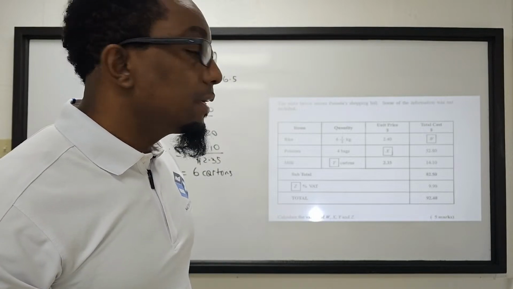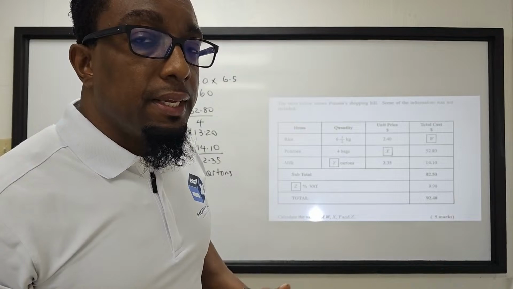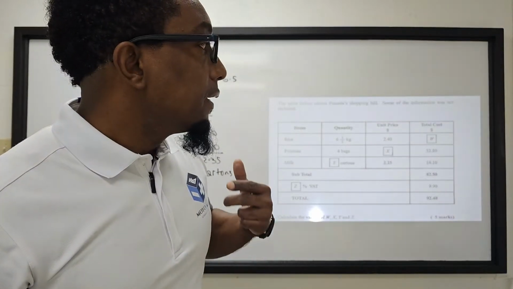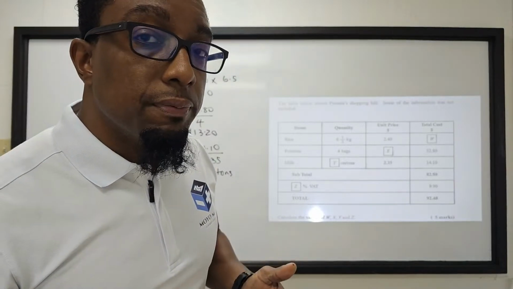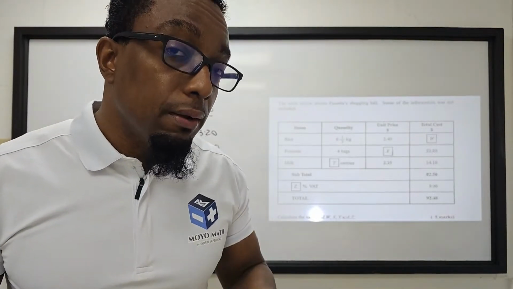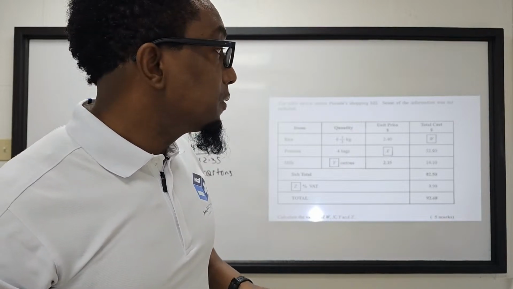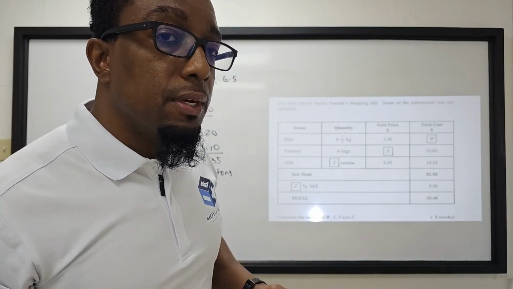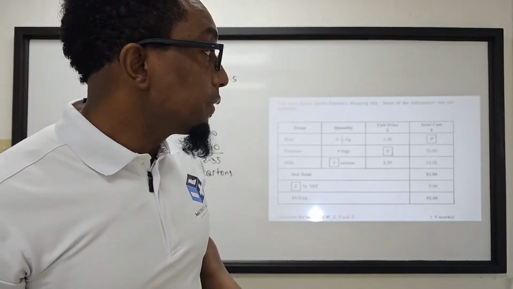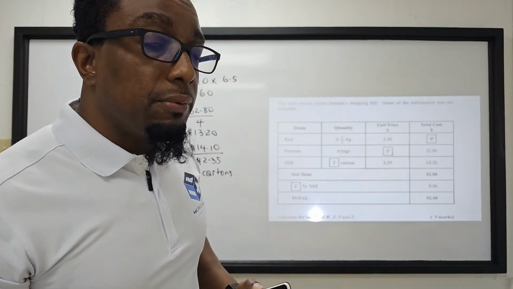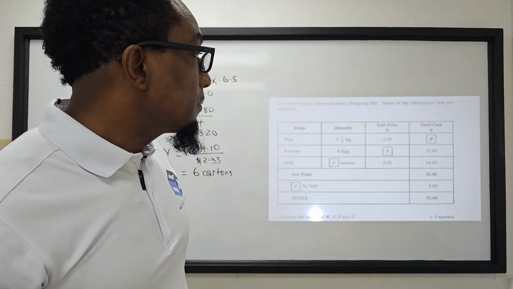To determine the percentage VAT, we create a proportional relationship where the subtotal cost of $82.50 corresponds to 100%. So we're using a proportional relationship between the total cost and your total percentage, which will be 100%.